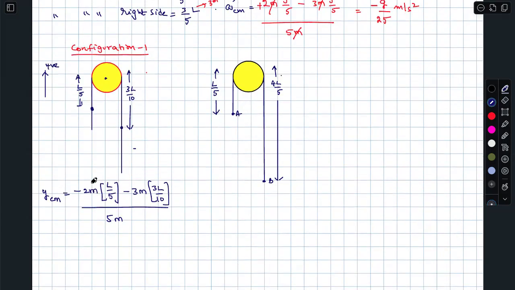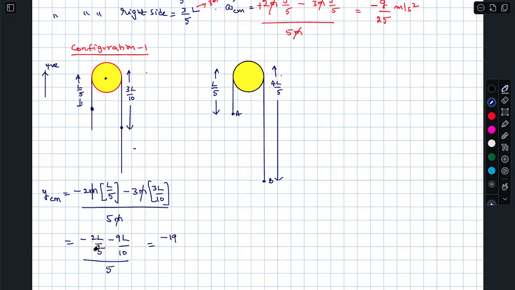So we get minus 2L by 5 minus 9L by 10, divided by 5. Minus 4 minus 9 is minus 13.